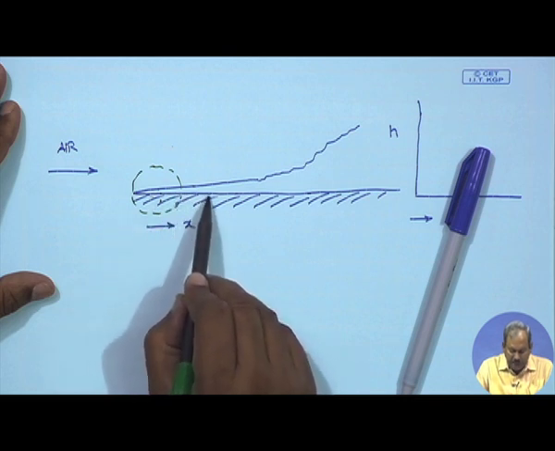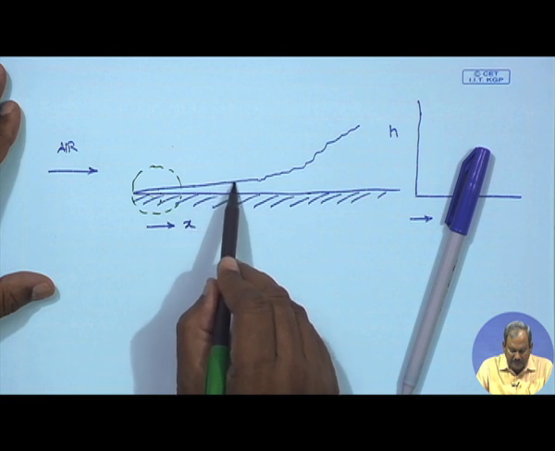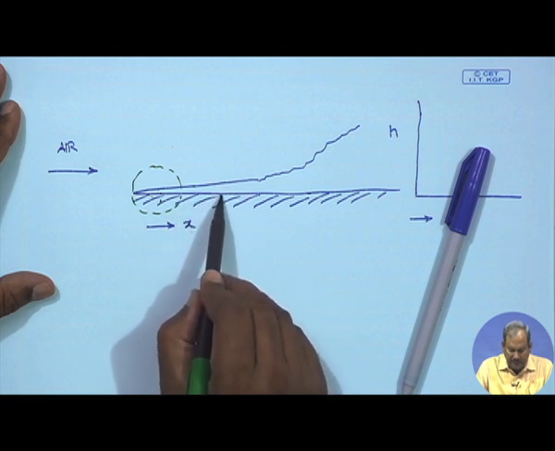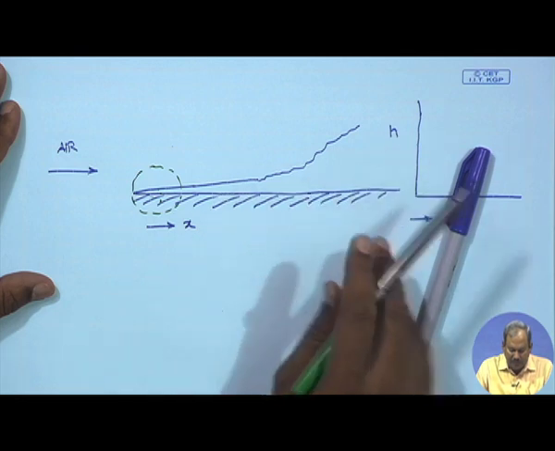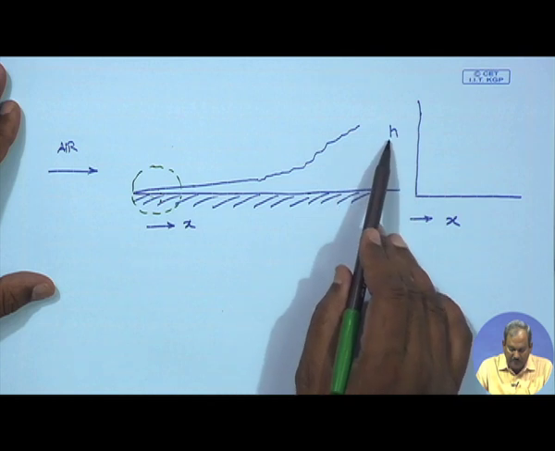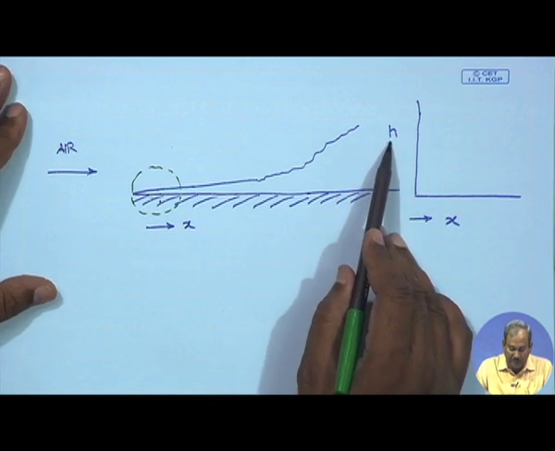As we move along, the thickness of the boundary layer keeps growing, and therefore the resistance to heat transfer increases, and the heat transfer coefficient is nothing but the inverse of the resistance to heat transfer.